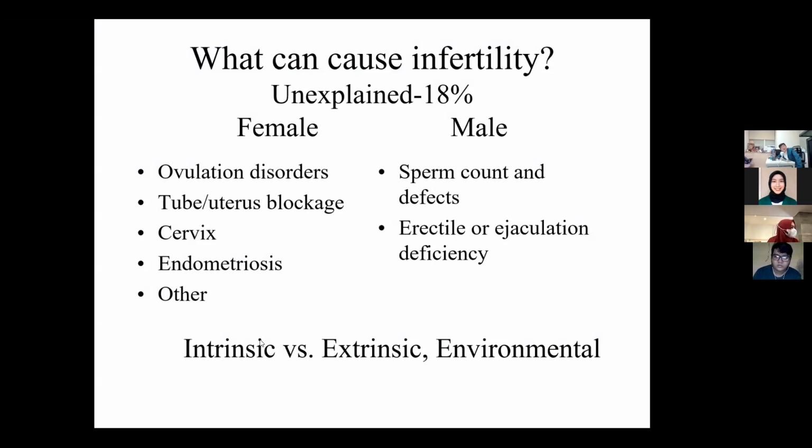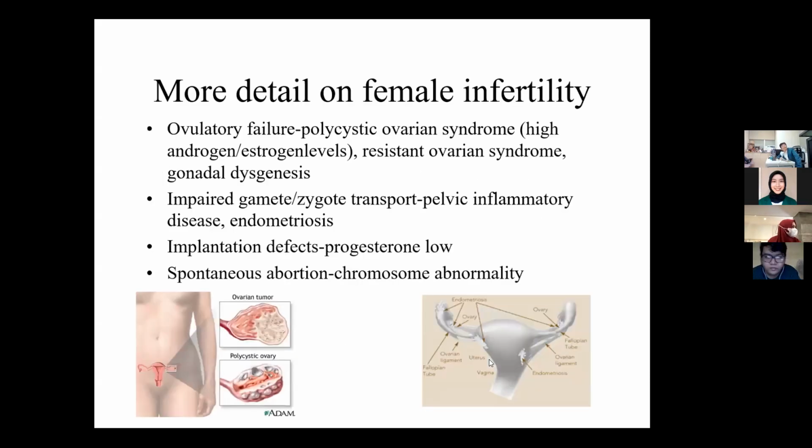Also, we have intrinsic etiology, and extrinsic and environmental issues. So we need to do the survey. Maybe we have an ovarian tumor, so we can do an ultrasound exam. Maybe there is polycystic ovary, because they cannot produce mature ova, which impairs ovulation, so-called ovulation failure of polycystic ovarian disease, PCOD.